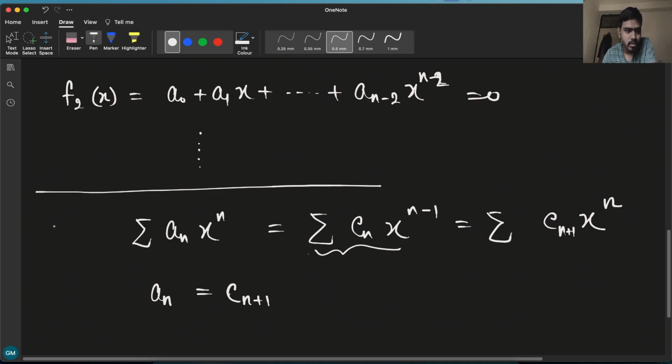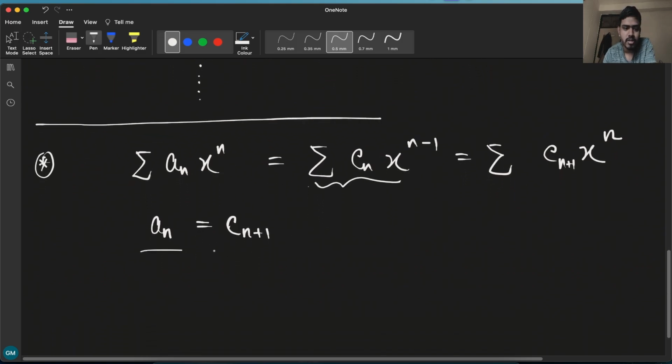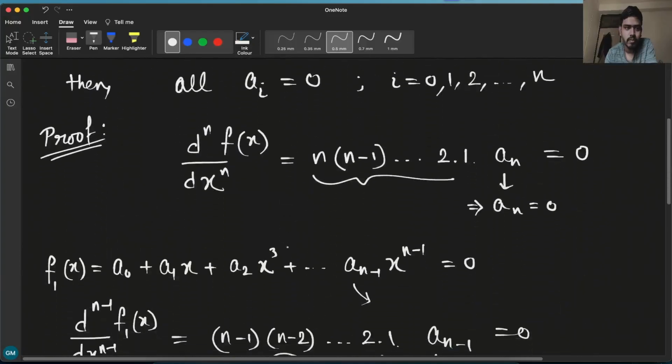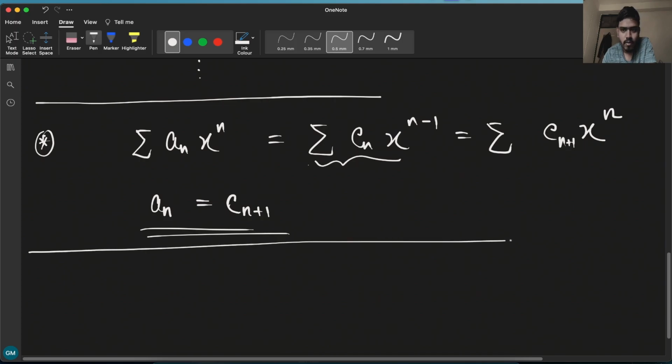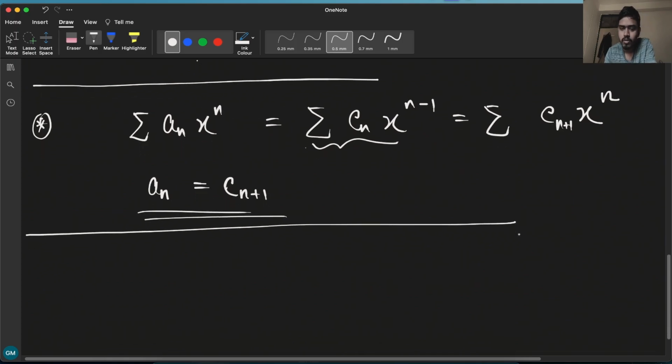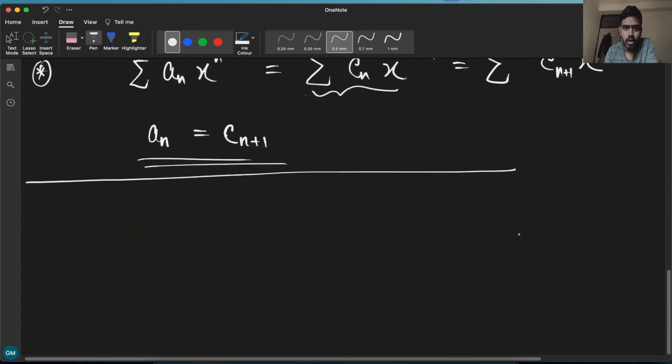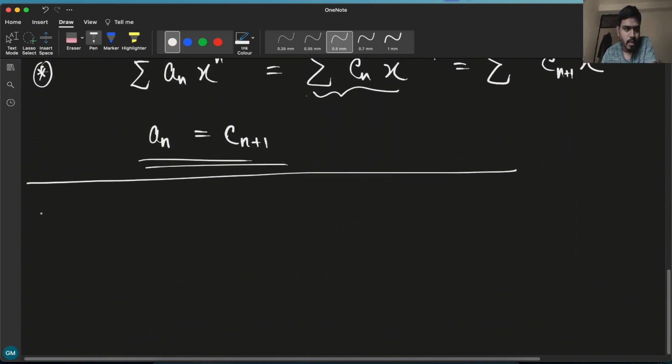So I can compare the coefficients using this theorem. That's the importance of the theory. Now let me start with some very simple examples. First I will try to find the series solution of some very simple first order differential equations.